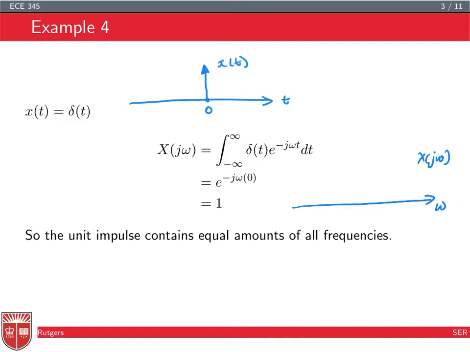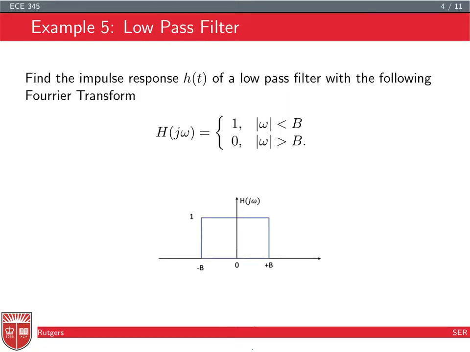Let's say this is 0, and this would be X of j omega. So it's equal to 1 everywhere, which means that the impulse function has all frequencies. If this corresponds to a noise, this is referred to as white noise because it contains all the frequencies.